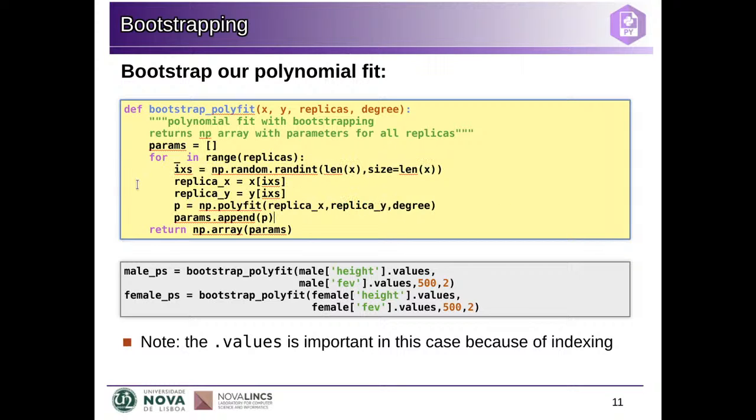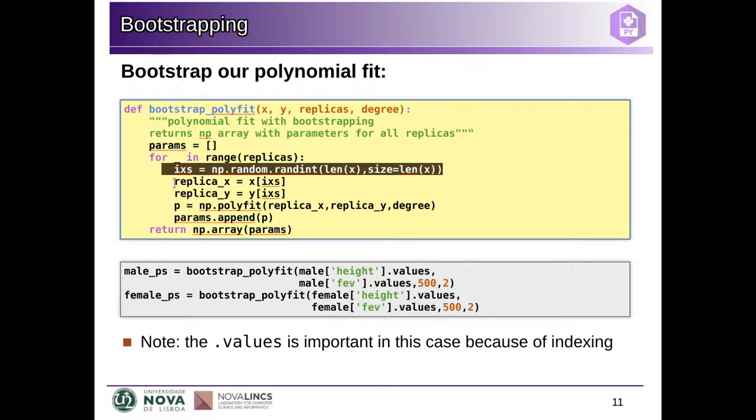And what I'm going to do is to create a random set of indexes. So this is a vector with values ranging from 0 to the number of points that I have. And this vector has as many random values as the number of points that I have. So this is the random vector that I'm going to use to resample my data at random.